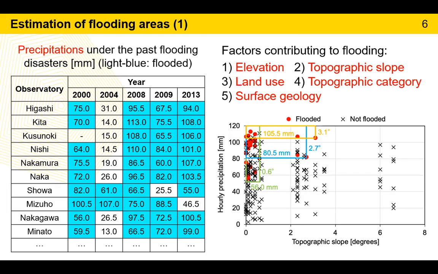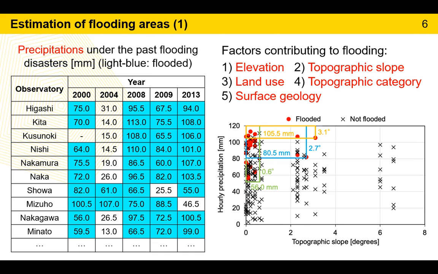Next, I explain how to estimate the flooding areas. In this study, we estimated the flooding area based on the relationship between the precipitation and the factors contributing to flooding. Here, we introduced 5 factors contributing to flooding: the elevation, topographic slope, land use, topographic category, and surface geology.